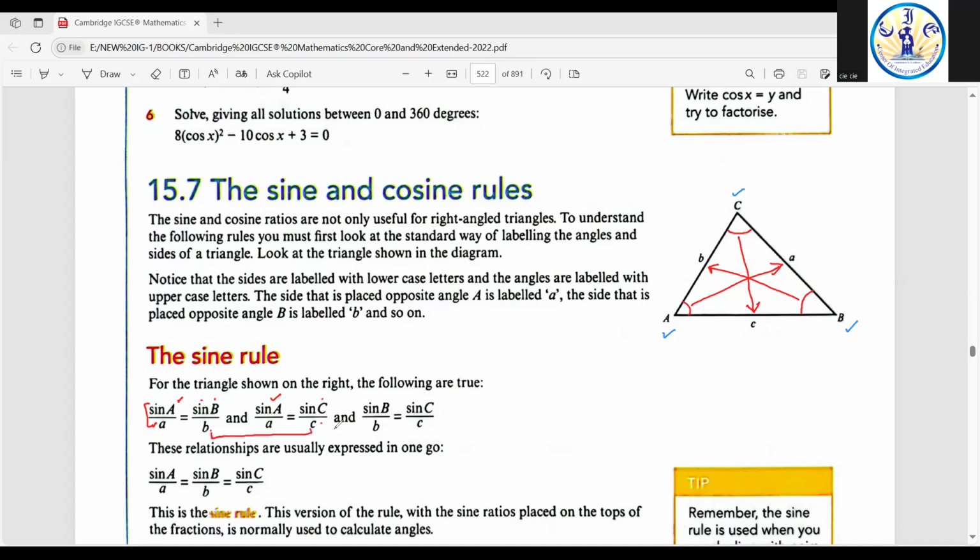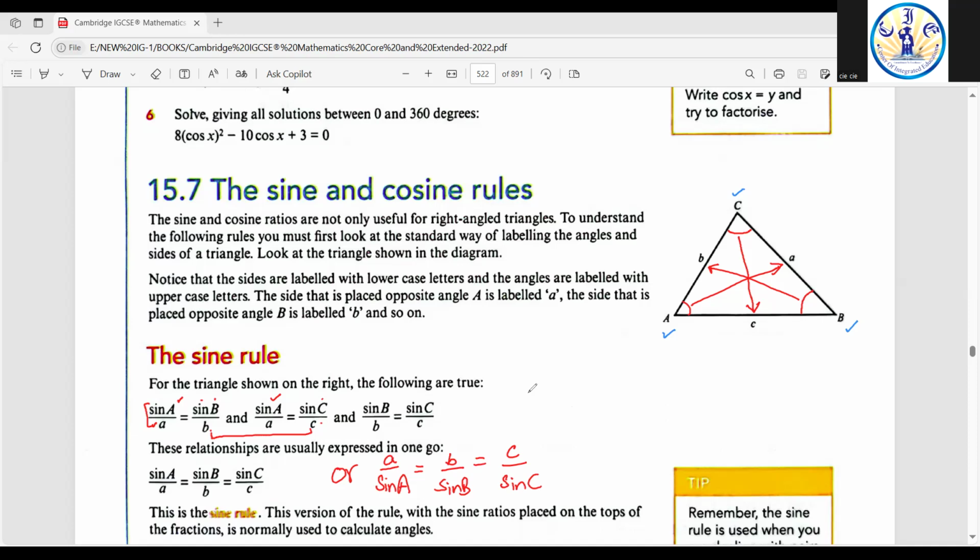So collectively we write sine A divided by a equals sine B divided by b equals sine C divided by c, or we can write it the other way around as a divided by sine A is equal to b by sine B is equal to small c divided by sine of angle C.